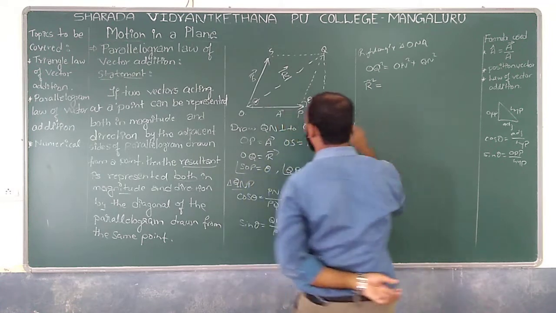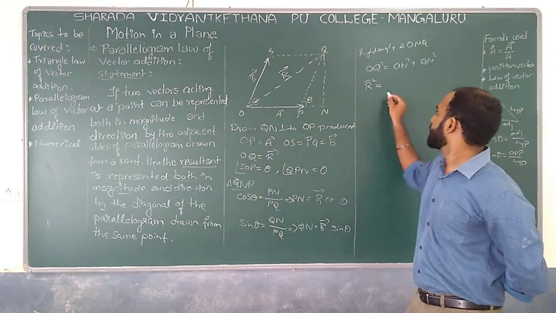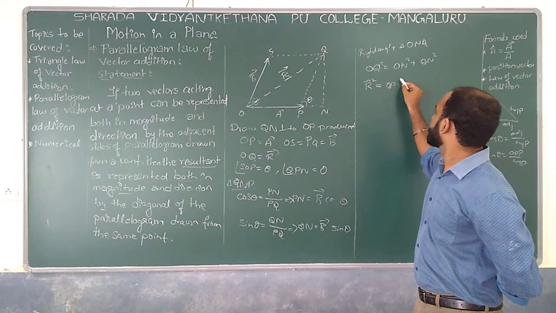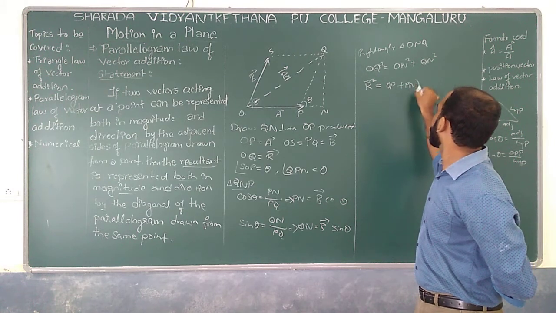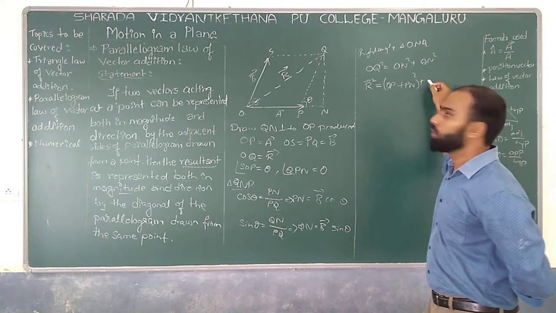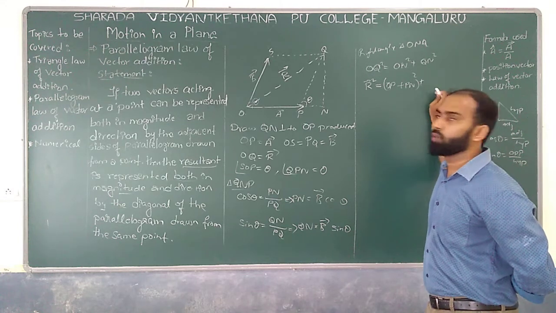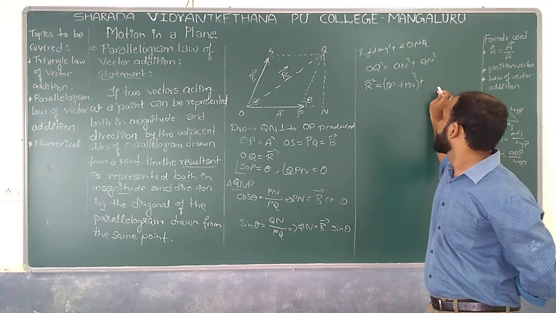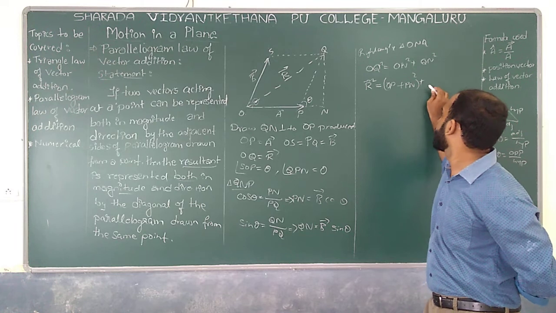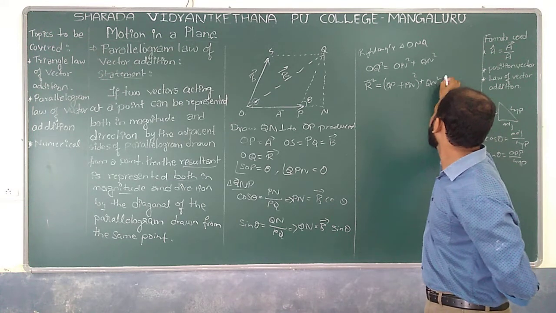What can I write over here? That is OP plus PN, the whole square, plus QN. QN can be replaced by, for the time being you write QN, the whole square.